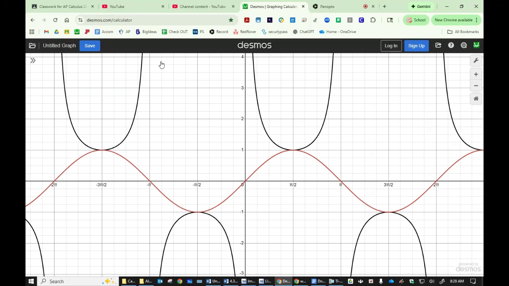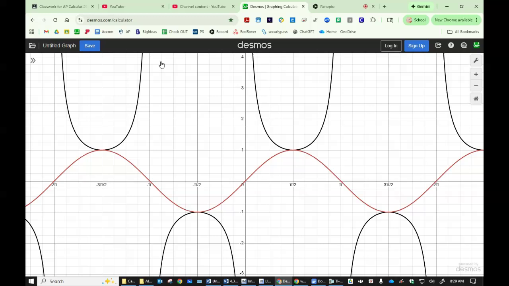Okay. What do you notice about, there's a whole lot of vertical asymptotes here, right? There's a vertical asymptote here, there's one here. It's at every whole pi value that we've got. What's true about those vertical asymptotes? Yeah, they're the x-intercepts of sine.